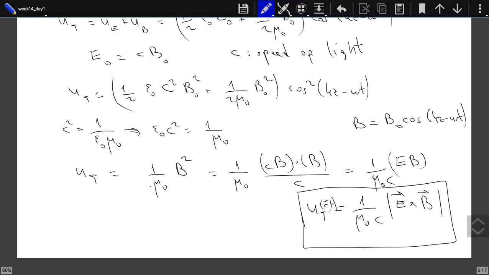And if I would write it in this form, it would just look as if, even if there is a zero electric field, I might be obtaining some energy density because of the magnetic field, but that is not the case. If you have an electromagnetic wave, if B is non-zero, E should be non-zero. If B is zero, E should be zero. So in this expression, it's more explicit, let's say. You should have both the electric and magnetic fields to be able to write this relationship.